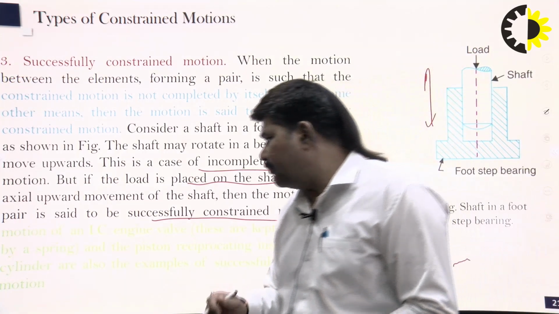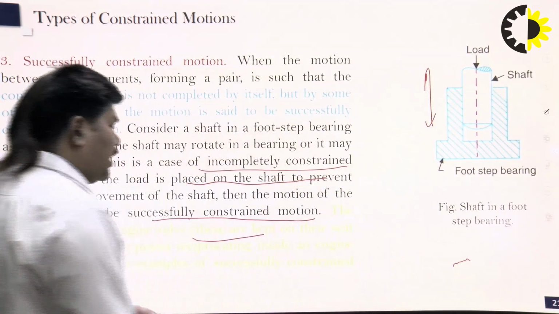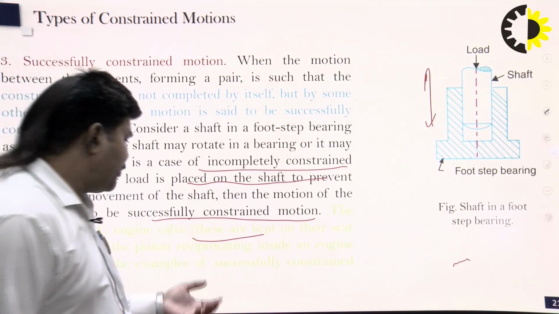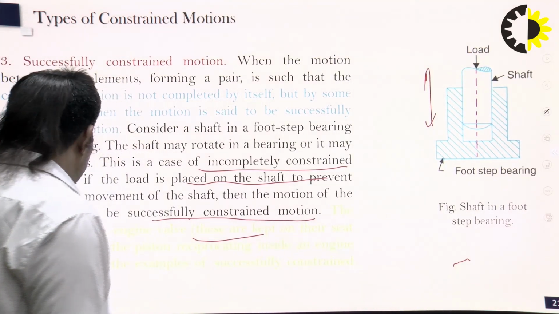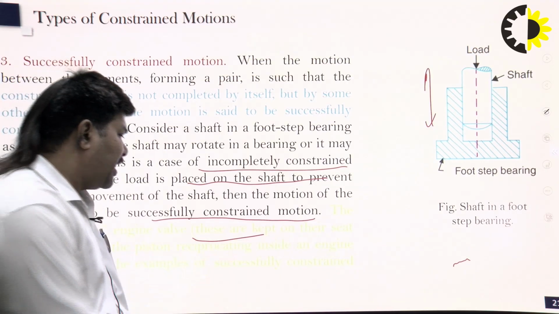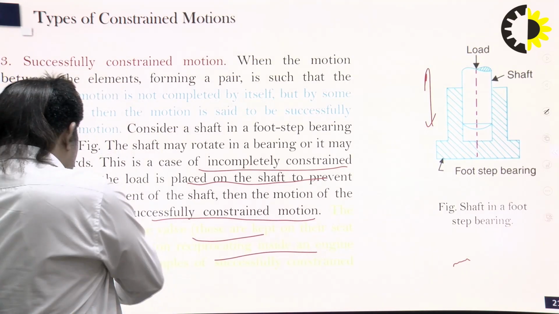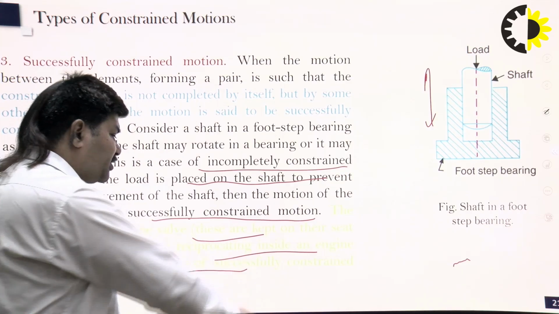The motion of an IC engine valve, kept on its seat by the spring, and the piston reciprocating inside the engine cylinder are also examples of successfully constrained motion.